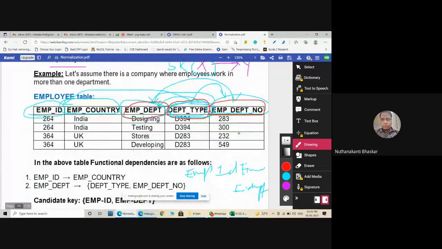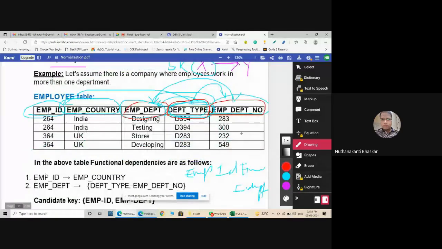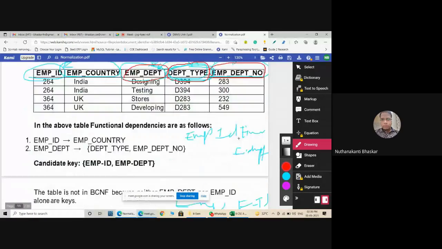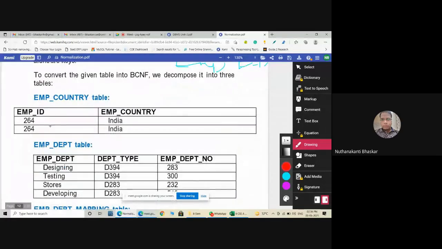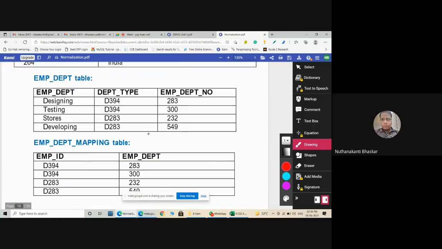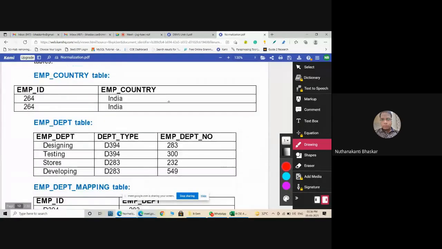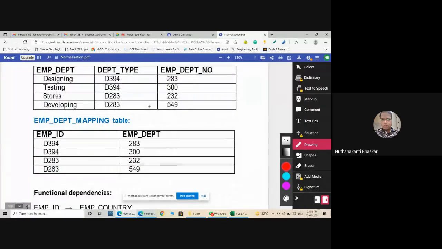Sometimes BCNF is not solvable based on the given functional dependency. That's why here we have taken the employee country table, employee ID, employee country, and employee department type, employee department number. But you need to map these two, right? So we need to map employee ID and employee department. You need to prepare one more table so that we can solve the problem.